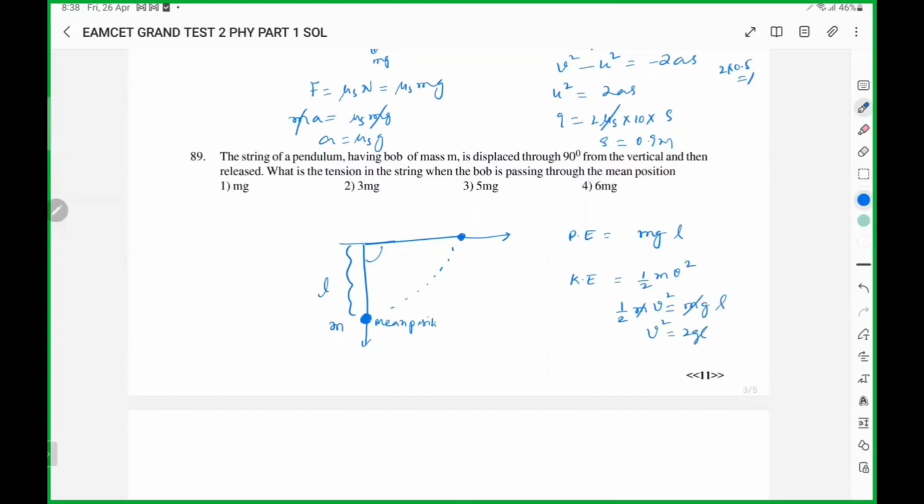Since it is moving in a circular path, here is the tension. So with respect to the bob's view, with centrifugal force, T minus mg is mv square by L. So tension is mg plus mv square by L. mg plus m into 2gL by L is 3mg.